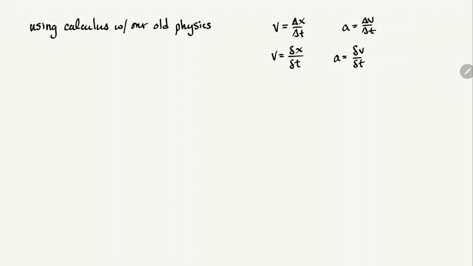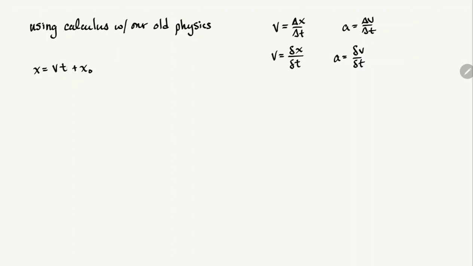So if we look at some of our old equations, we can actually do these substitutions. Let's take our constant velocity equation and make it not so constant. In theory, you can say my position is equal to my velocity times the time interval plus my initial position.